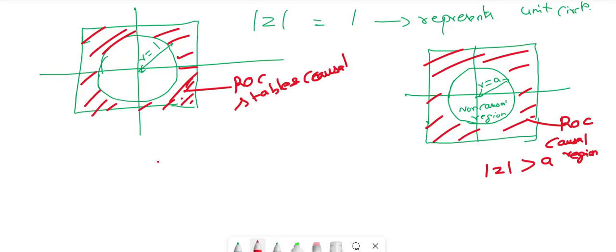In the next class we will discuss this, because the poles only determine the stability of the system.